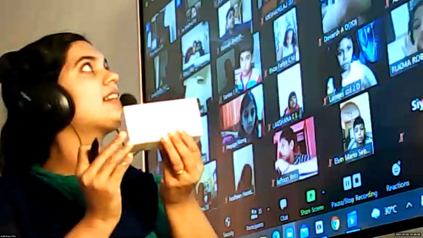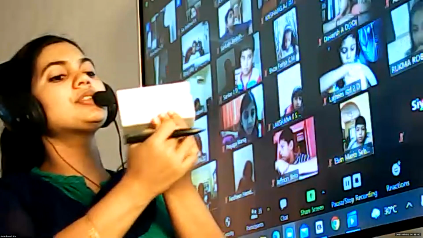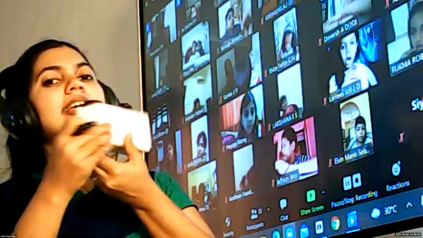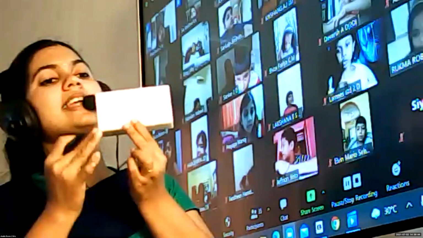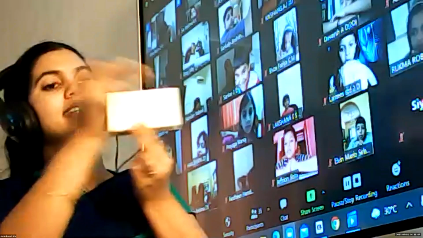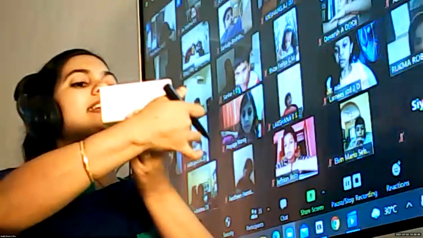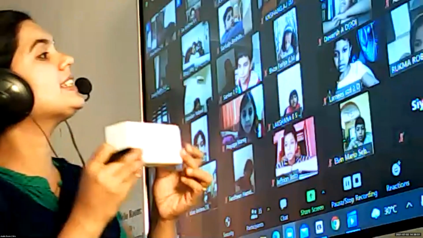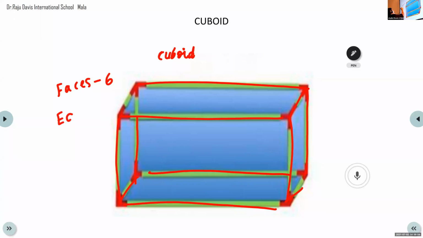See? All the sides of these rectangles. So 1, 2, 3, 4. Then 5, 6, 7, 8, 9, 10, 11, 12. So how many edges? 12 edges. Okay.